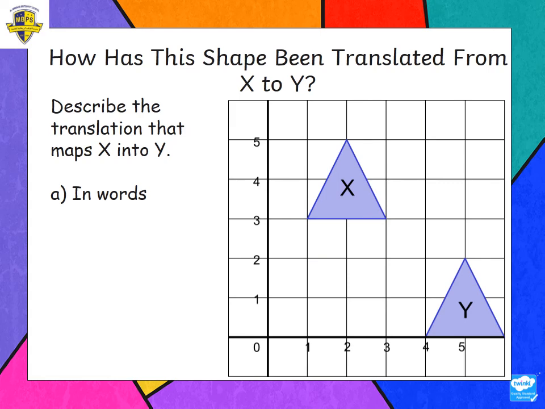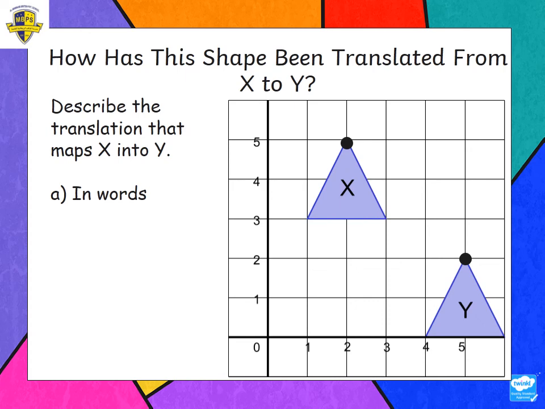Now, same question and different shape. We want to describe the translation that moves X into Y. So first step, we have to choose a vertex on X, and also we look at the same vertex in Y. Now in X, what is the coordinate for this one? 2 and 5, and in Y it's 5 and 2.